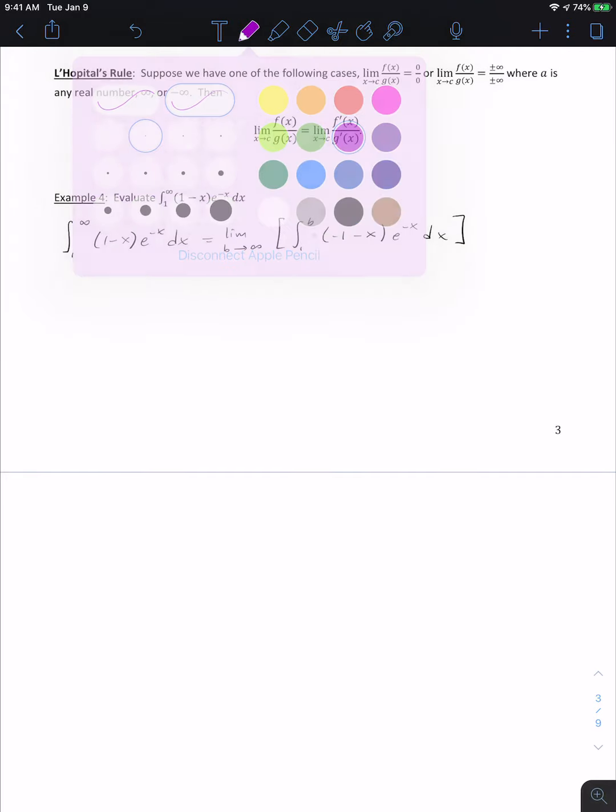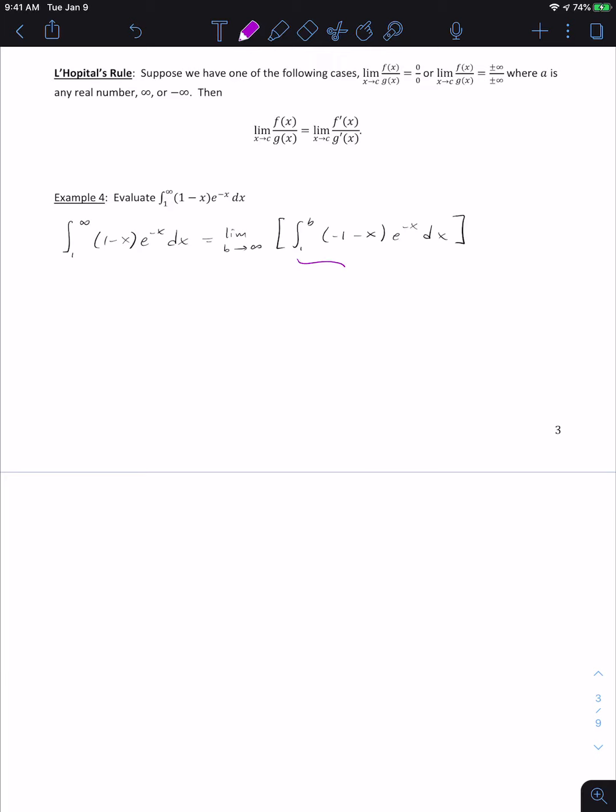Okay, so first thing we notice here is in order to solve this integral, we actually need integration by parts, right? So let's find that integral first, and then we can plug in our limits for our definite integral, and then we can look at the limit, right? So first, with no limits on there, we get the integral of 1 minus x times e to the negative x dx.